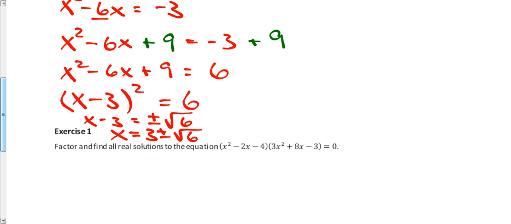Okay, so here's what I want you to consider. These are the steps for completing the square.